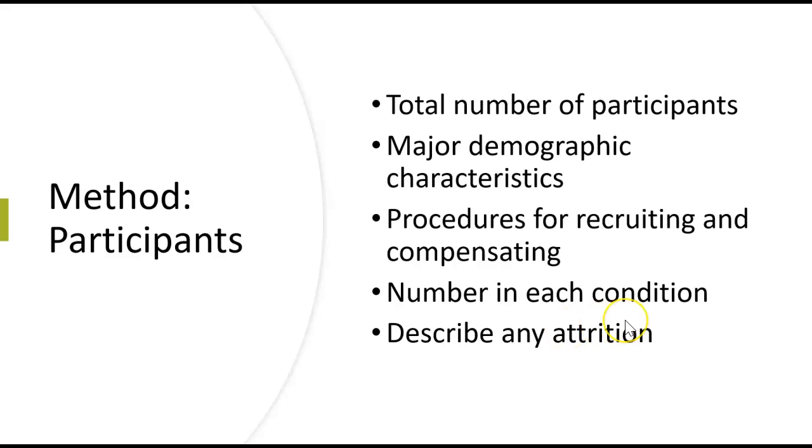You're also expected, if you lose participants over the course of a study, to explain how many were lost and why, or if you had to exclude participants for some reason. For instance, in research that I've done, if subjects don't complete an a priori decided number of items on a questionnaire, I remove them from my survey research.